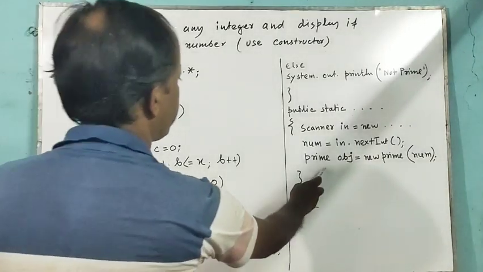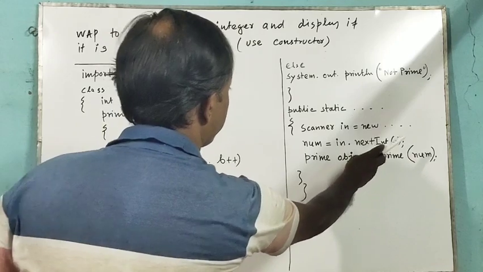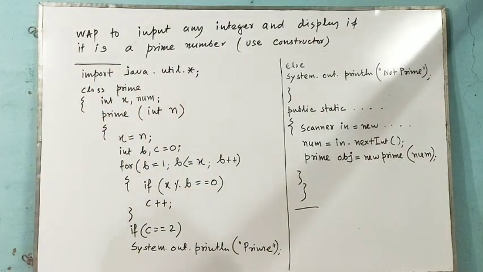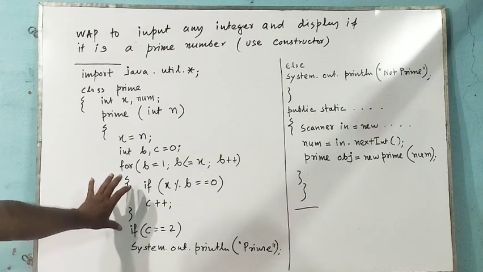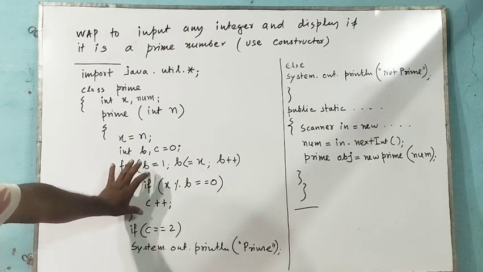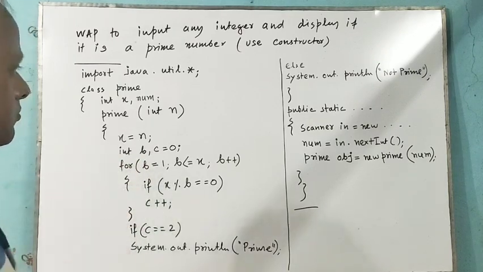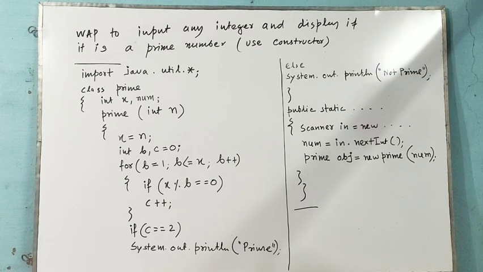When we have created this object, automatically the constructor is called, and when the constructor is called, that means the function which we have written inside the constructor is performed. So hope you understand this program.